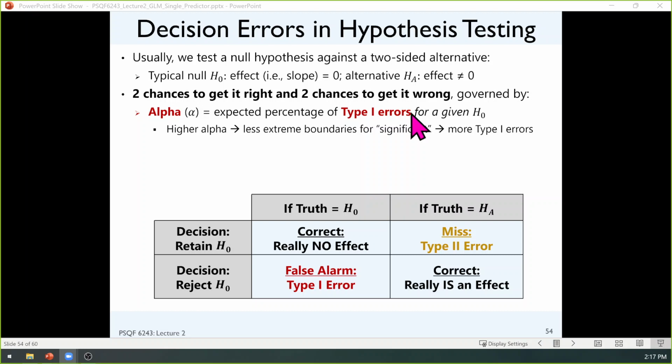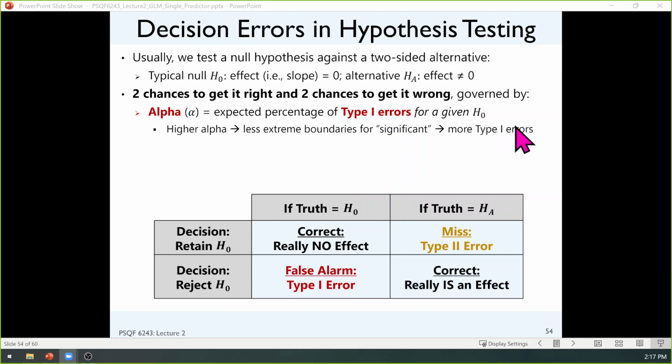If we want to be conservative, if we don't want to have false positives, then should we take alpha and increase it or decrease it if we want to be conservative? Yeah, decrease it. So if we want to be conservative, we decrease alpha.